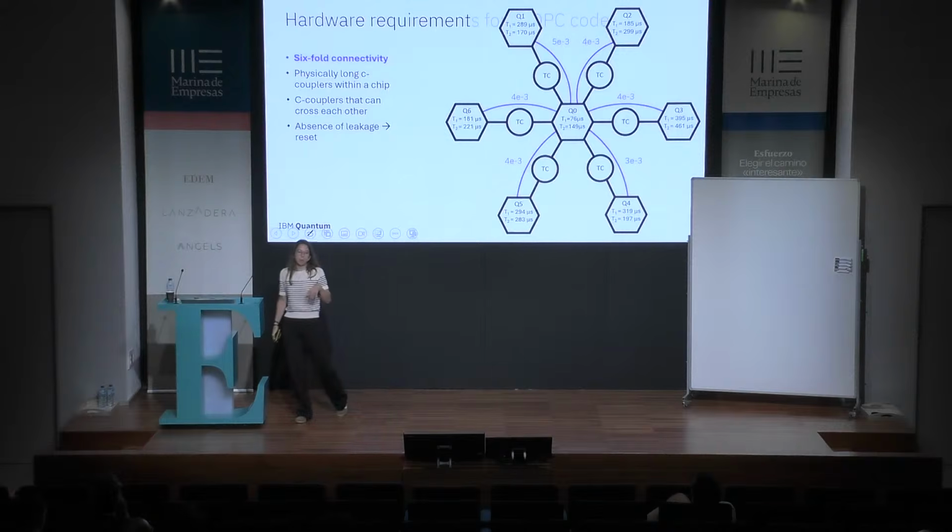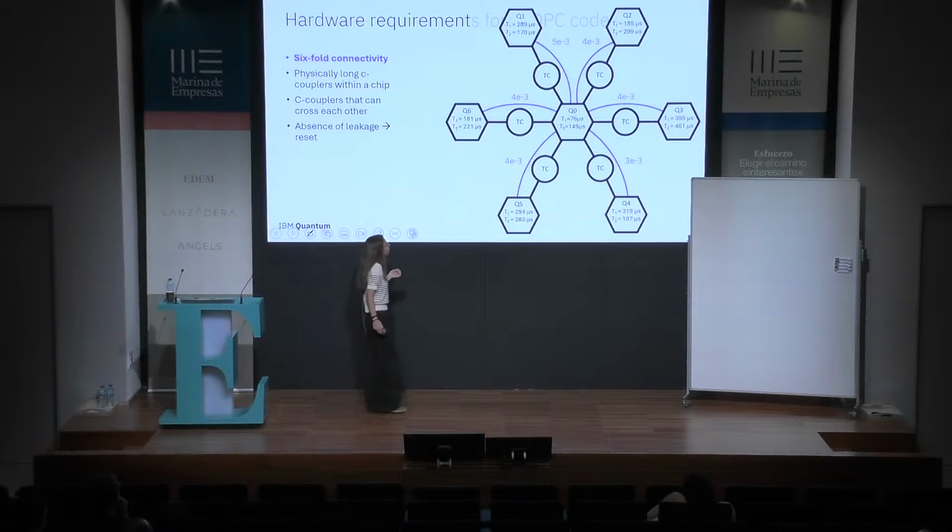The numbers in purple are the 2 qubit gate fidelities that are achieved in this chip. And you see that without degrading, while keeping high coherence properties of the qubits, you can get 2 qubit gate infidelities between 3 e to the minus 3 and 5 e to the minus 3. So this doesn't degrade the 2 qubit gate fidelity.